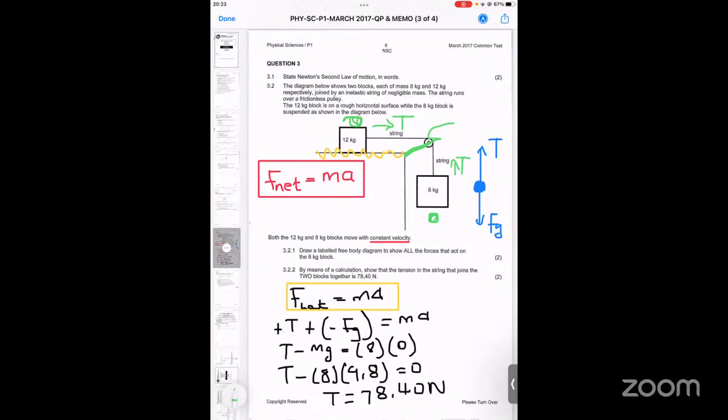We just have the FG, and we also have the tension going up. By also looking at the marks, you can see it's not supposed to be a lengthy calculation, which means you can still try to use the one for the 12 kg. You will still arrive at that answer, but for the 12 kg you're going to have a long calculation because there's a lot that needs to be calculated there.